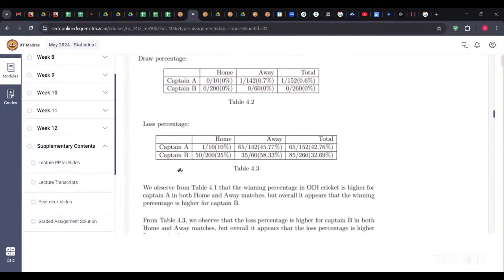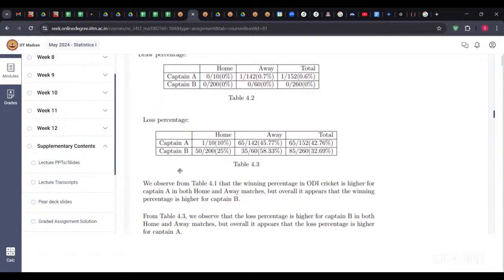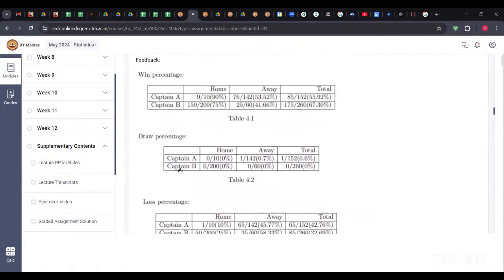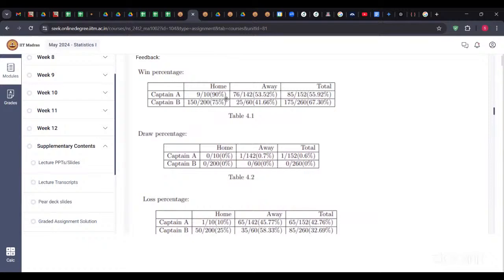Okay. Now the Simpson paradox, it is actually like this. If you see here, this is the winning percent. If you observe which captain's winning percentage is higher, from here it is somewhat captain A, like it's 90 and 53.